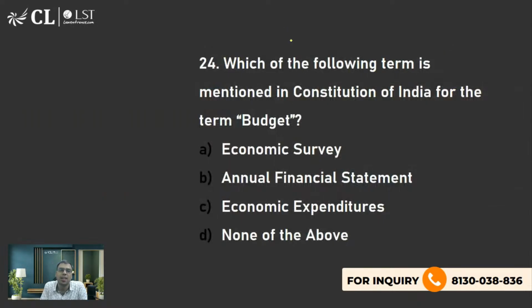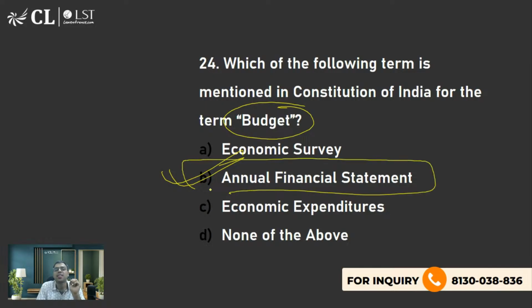Which of the following terms is mentioned in the Constitution for the word budget? Is there any specific reason for the color of the carpet? I don't know the reason, Mehak Sharma, but generally this is the practice. Uska reason kya pata nahi, but yes, actually, an annual financial statement.